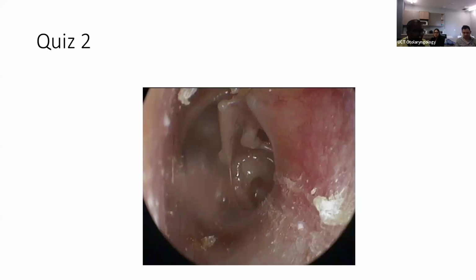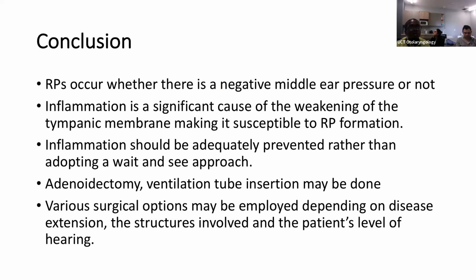So in conclusion, I'll say that retraction pockets occur where there's negative middle ear pressure or not. There might not be a negative middle ear pressure, but it's possible. Inflammation has been found to be a significant cause of the weakening of the tympanic membrane, making it susceptible to retraction pocket formation. Inflammation should be adequately prevented, or treated, rather than adopting a wait and see approach.